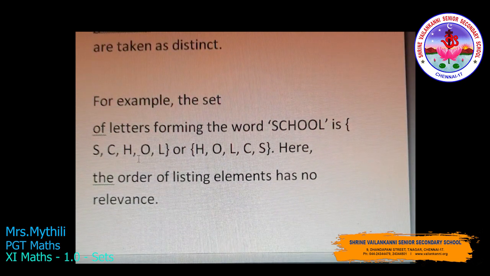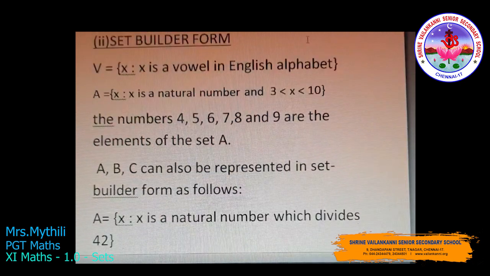Just write S, C, H, O, L, or H, O, L, C, S in any order, but no element should be repeated. So in roster form we learned that the elements are written in braces with commas separating the elements.